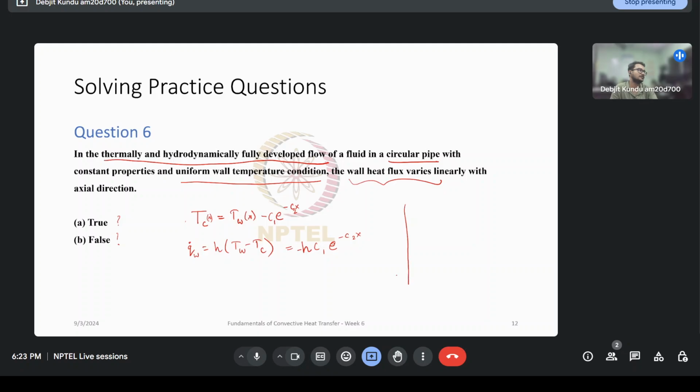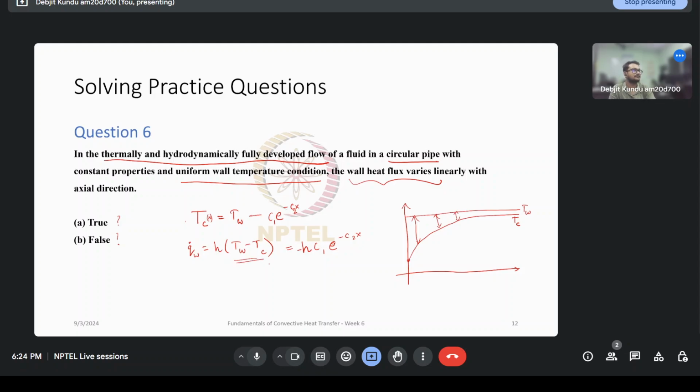So if we just plot it, I have one constant wall temperature, T W. Okay, so this is not a function of x. And this temperature, there was some difference here, and it decays exponentially like this. This is the center line temperature. So you can see that this difference, which was very large, actually decreases exponentially.